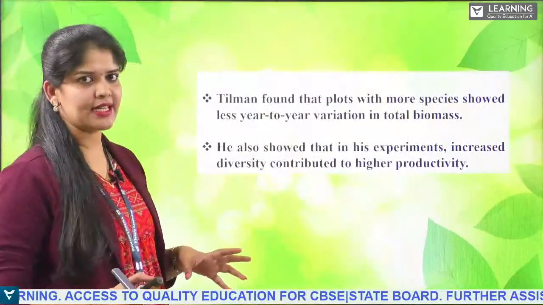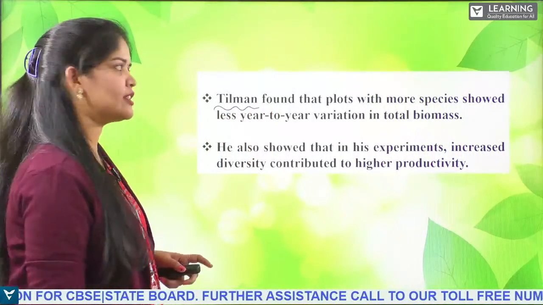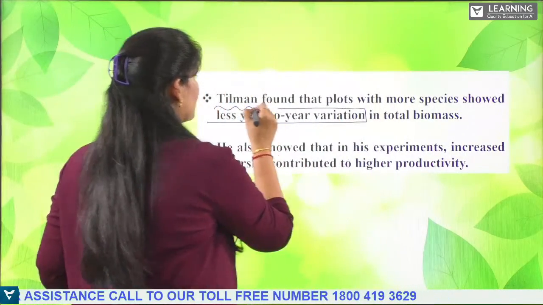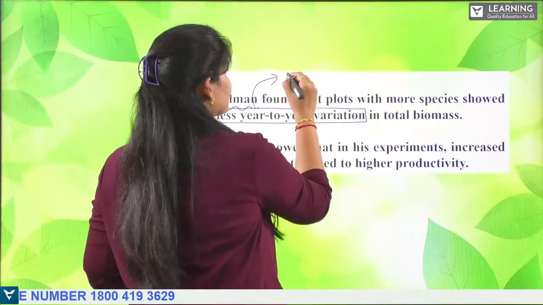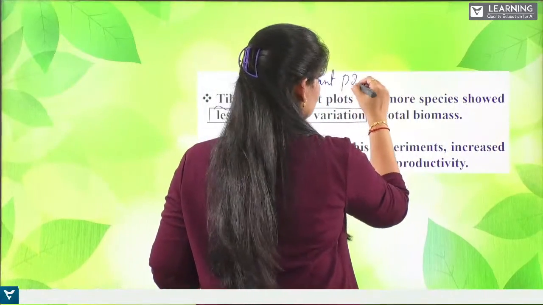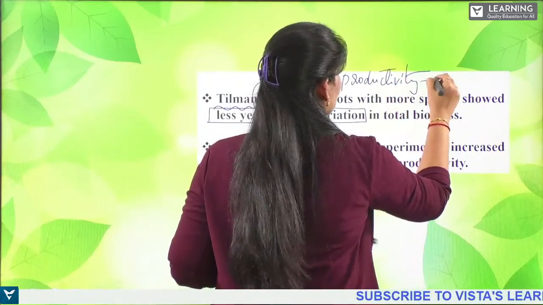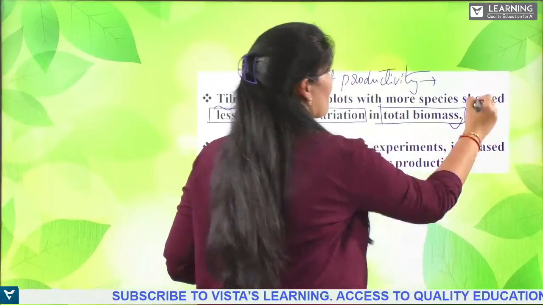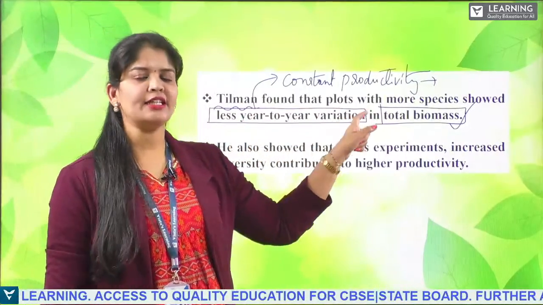Now, let's understand. David Tilman found that plots with more species show less year-to-year variation. Less year-to-year variation means stable, constant productivity, which means constant total biomass. It shows less year-to-year variation in total biomass.